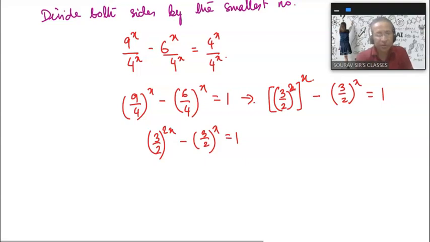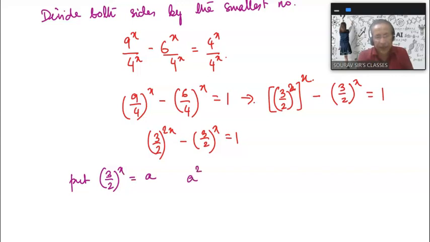Now if I substitute, if I put (3 by 2) to the power x as something, let's say a, then I get a square minus a equals 1, which means a square minus a minus 1 equals 0.